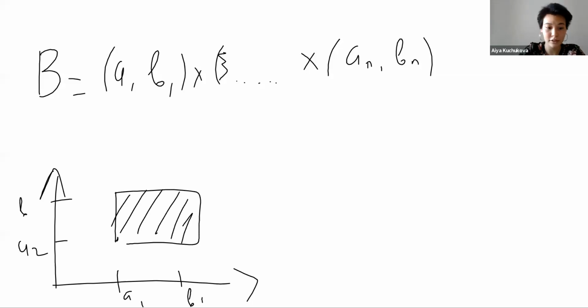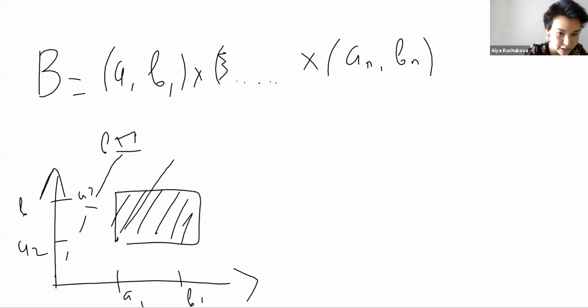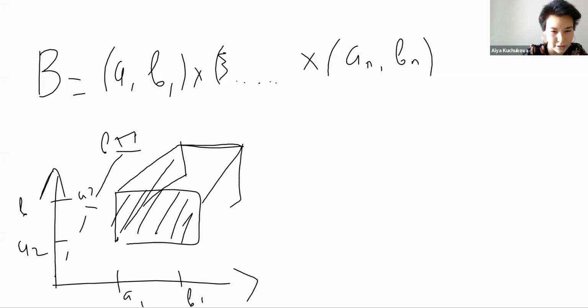If I add a third dimension there, and you add A3, B3, what you get is, well, that's not a cube, how do you call that thing? Well, a box-looking thing. And then you just do it for more and more dimensions, but it would mostly look like an n-dimensional box. Okay, so this is just an n-dimensional box.